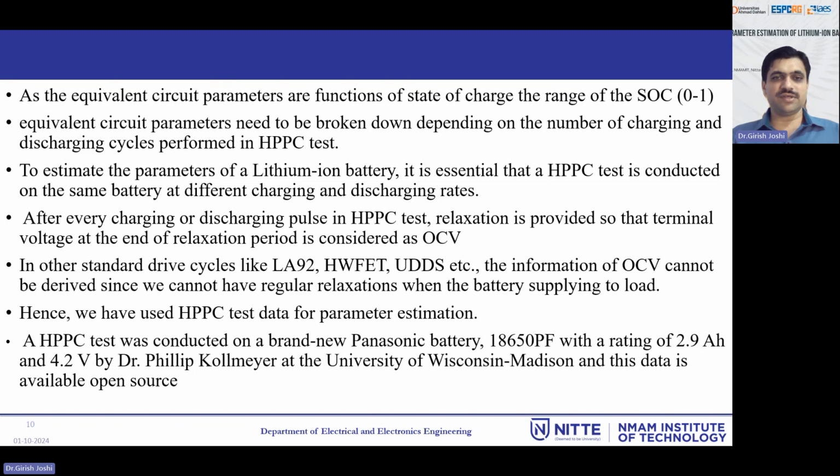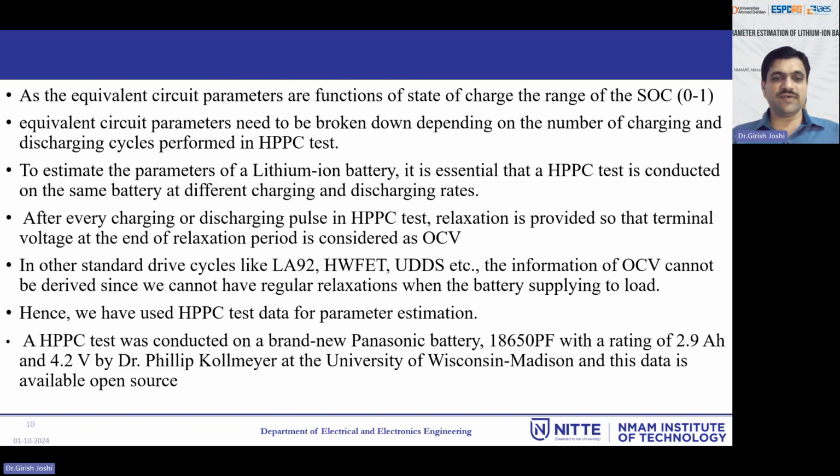Equivalent circuit parameters need to be broken down depending on the number of charging and discharging cycles performed in the HPPC test. To estimate the parameters of a lithium-ion battery, it is essential that the HPPC test is conducted on the same battery at different charging and discharging rates. After every charging and discharging pulse in the HPPC test, relaxation is provided so that the terminal voltage at the end of the relaxation period is considered as OCV.